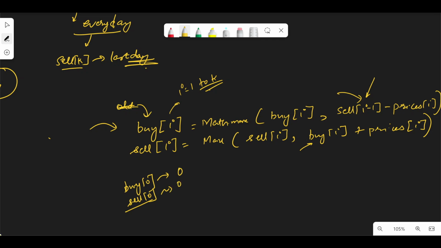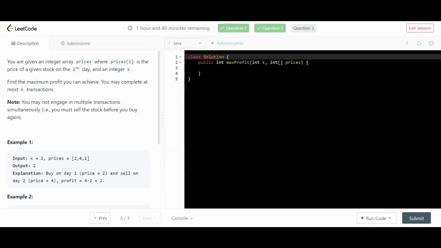Yeah, I think both should be set to zero. Fair enough. That makes sense to me. Or we can just, yeah, I think this is good. So let's build the logic based on this. So go back to code.